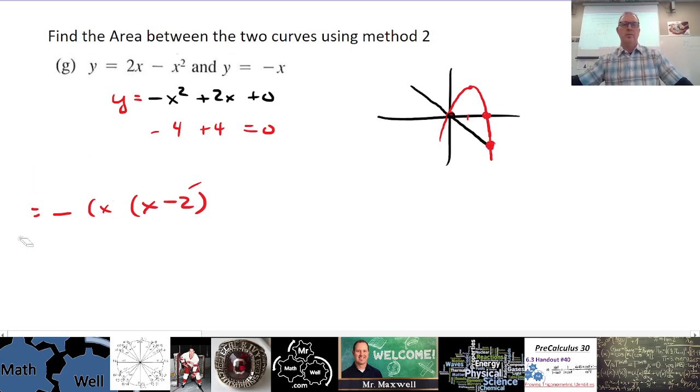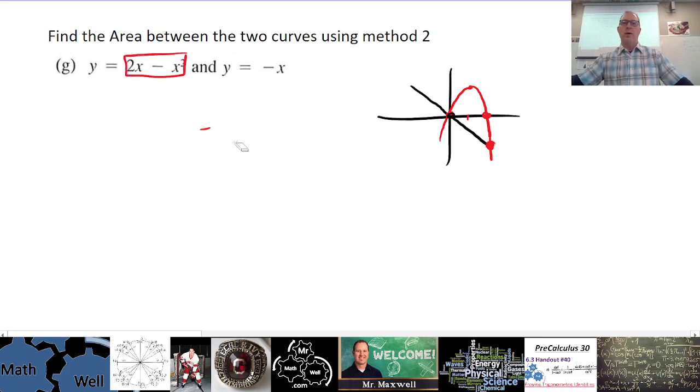So let's see if our method 2 works here. We definitely have the parabola as the upper function, but I need to know now what a is and what b is. So let's put these two together. 2x minus x squared equals negative x.